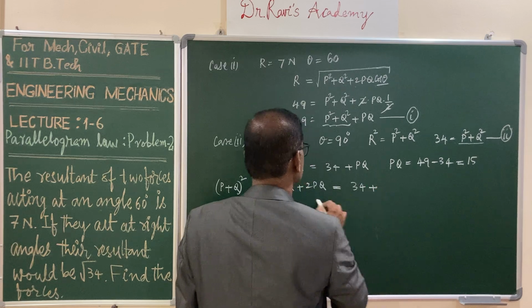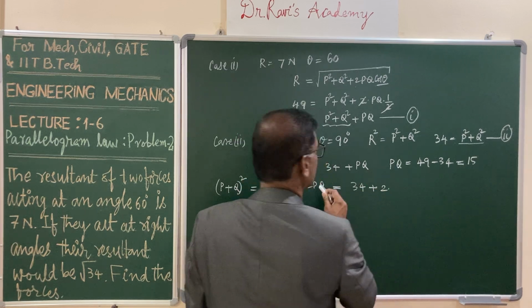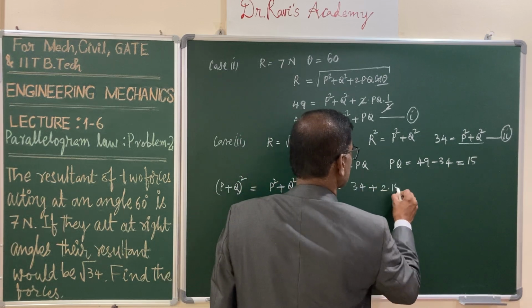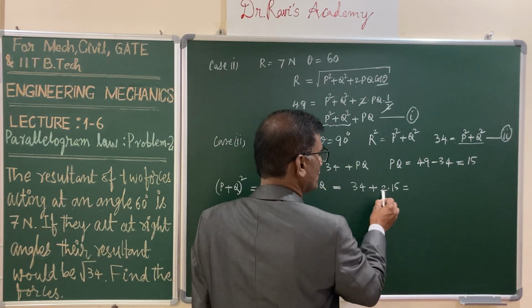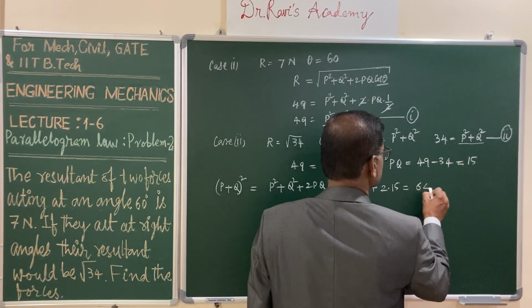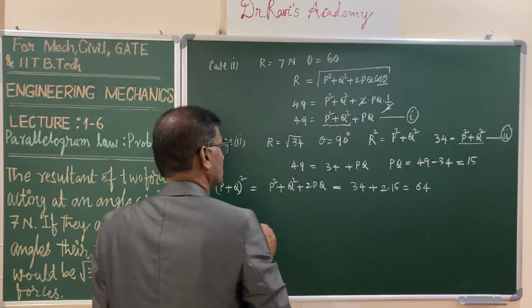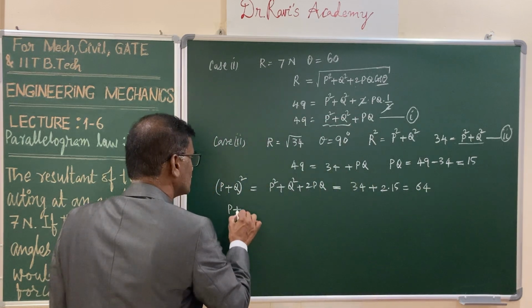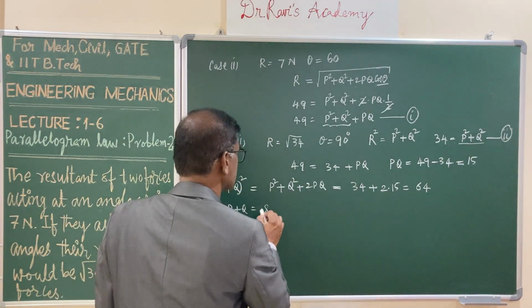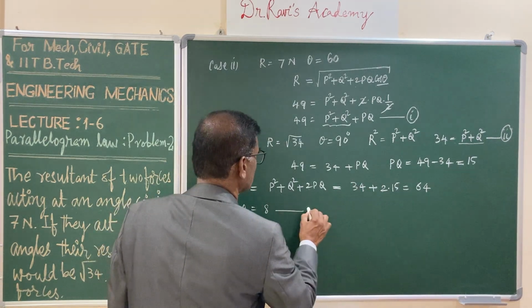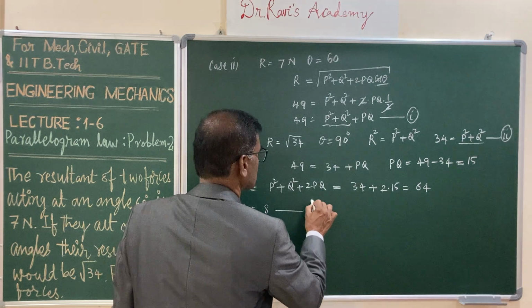So 34 plus 2 into the PQ value, which is 15, so this becomes 34 plus 30, 64. And you can write P plus Q is equal to the square root of 64, that becomes 8. This equation, let us call equation number 3.